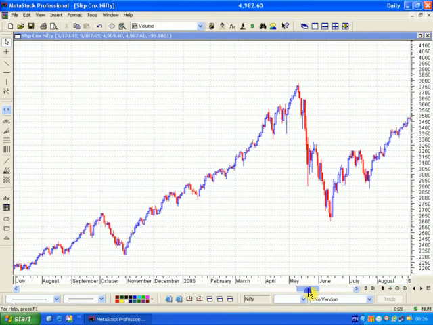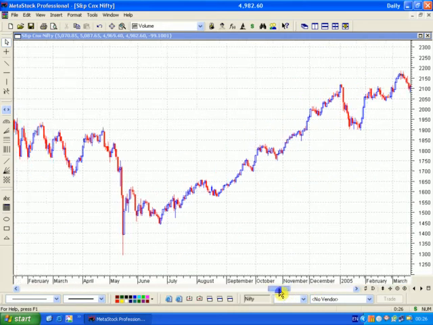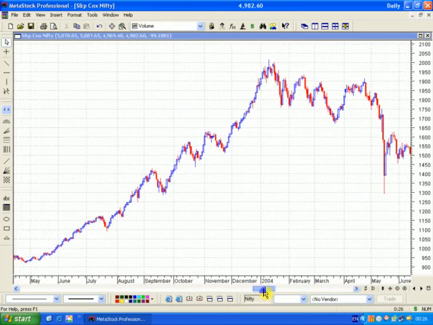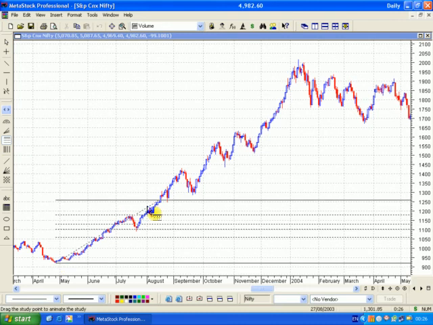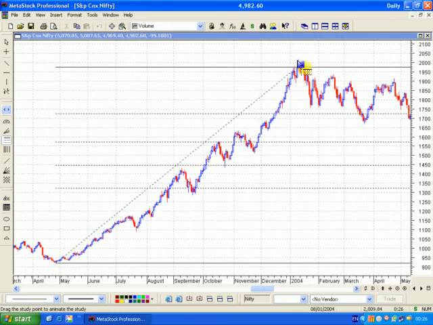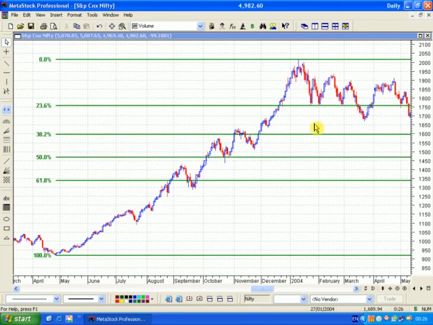I'll take a couple of other examples also. If we go back into time, let's take this rise over here. Market started rising from this point, went up to this point. When we connect this, we see that it found support at the 23.6 levels 3 times.